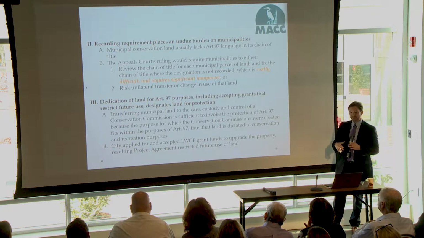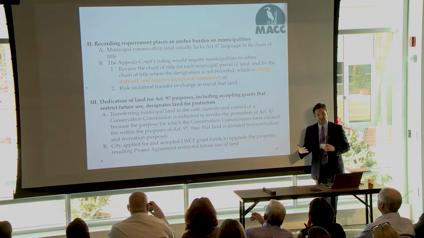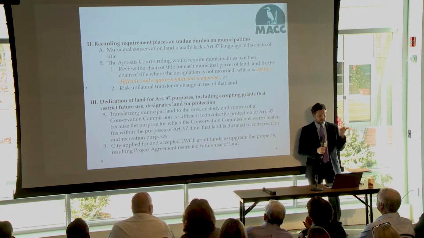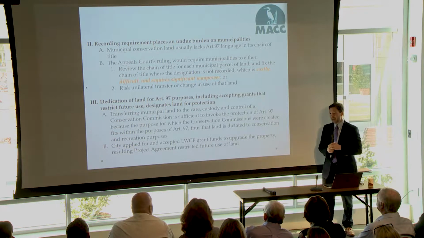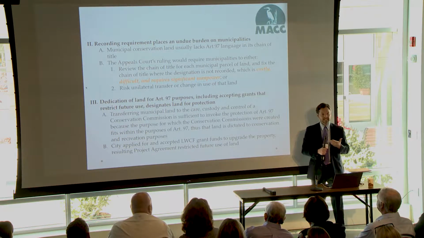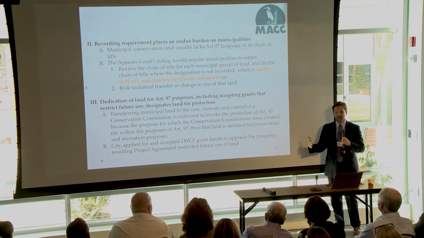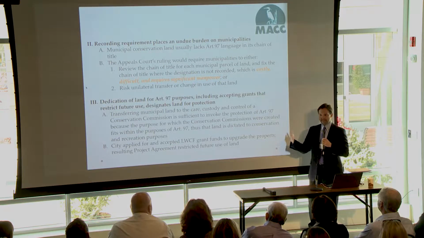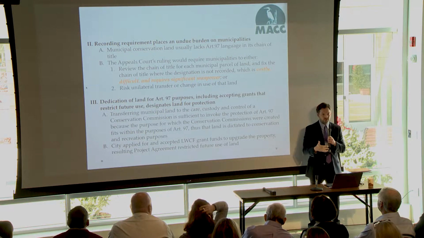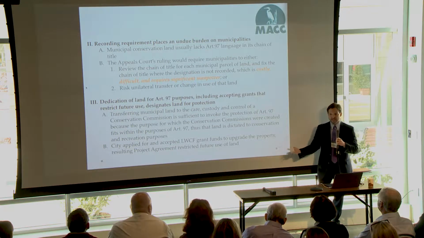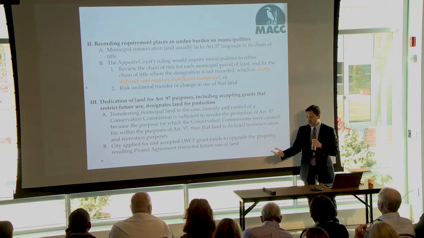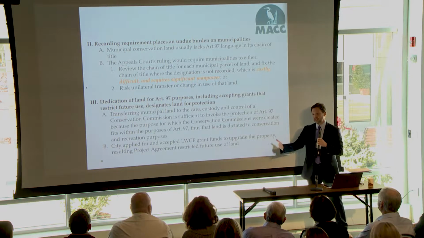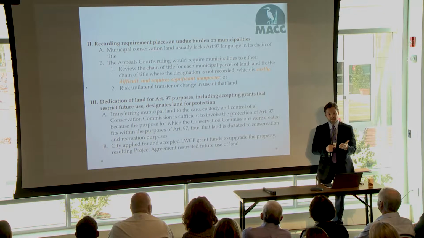This recording requirement would really place a very, very heavy burden on municipalities. It's costly, difficult, requires a lot of manpower. Effectively, what they'd be asking municipalities to do is go back through their stock of conservation land and piece by piece, parcel by parcel, determine whether there was, in fact, something in the chain of title which would confer Article 97 protection, and if not, take the necessary curative steps to make sure that protection was in place.